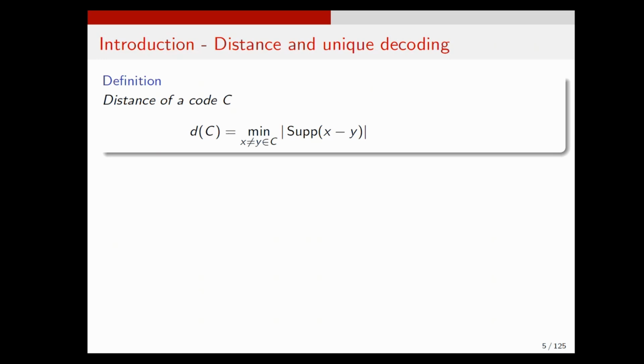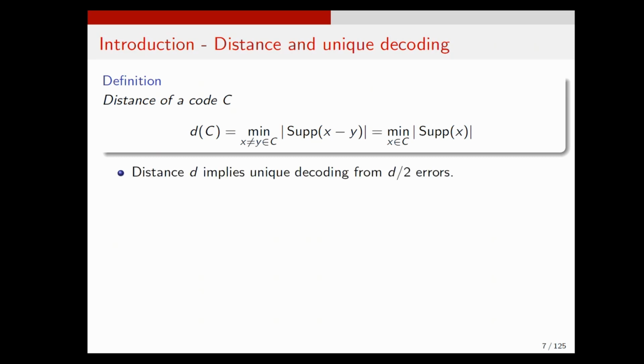Or in other words, given two distinct points on the subspace, you look at the difference, you look at the size of its support, and you try to minimize it. Because things are linear, if x and y are in the code, x minus y is also in the code. So I can simplify this just to say, look at any nonzero point in my subspace and see what's the point with the minimum support size, and that's the distance of my code. So this basically describes the minimum distance between points under Hamming distance.